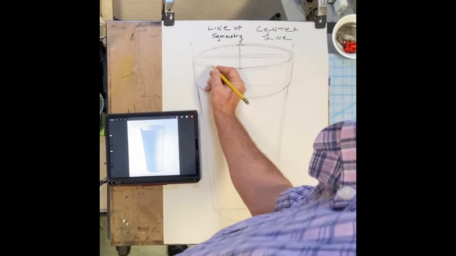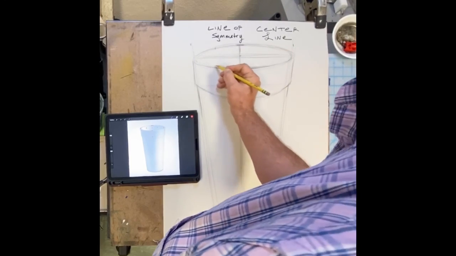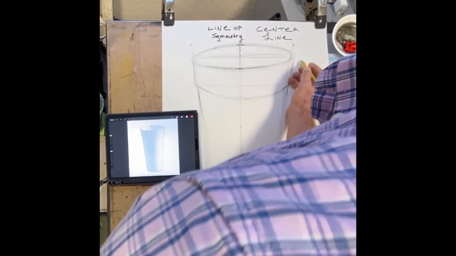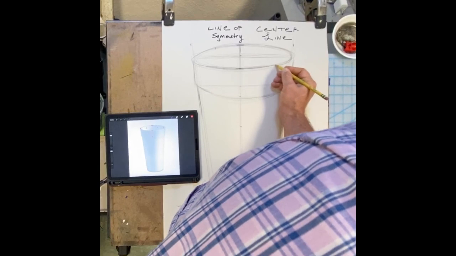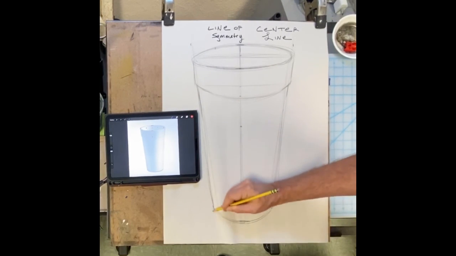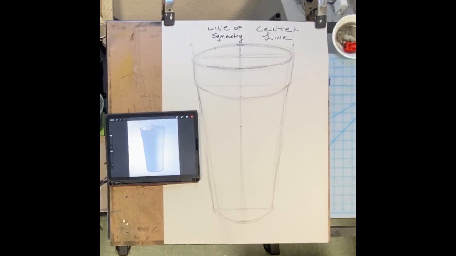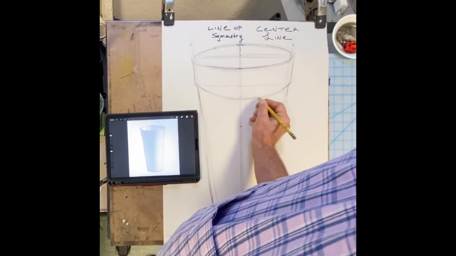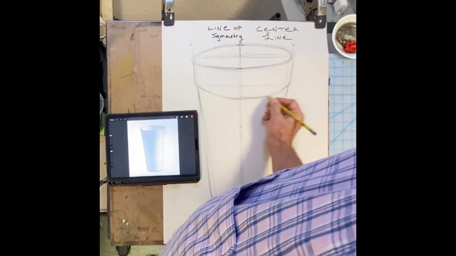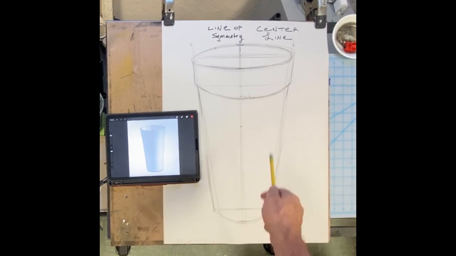And then we can come in, just as we did with the planar shapes, and again, starting at the corners, we can give it a little bit more emphasis. And we've got a recreation or a representation of the styrofoam cup at a larger scale.